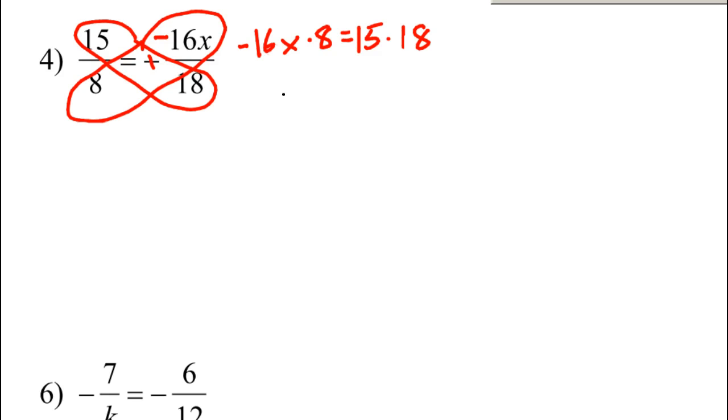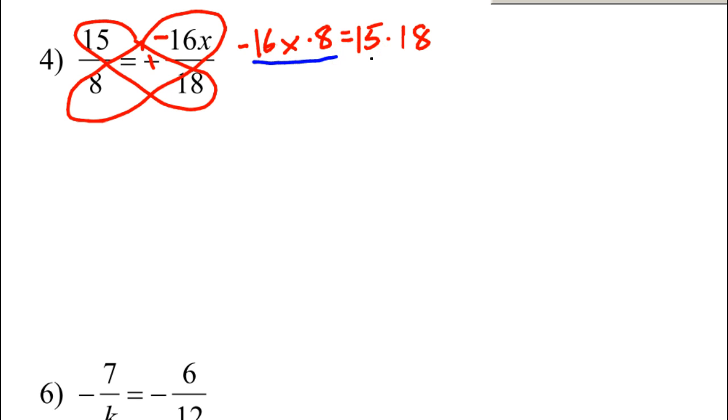Now, these numbers can get big like this. And if we do 15 times 8 and 16 times 8, you're going to have some big numbers that you're going to have to figure out how to reduce. So I mentioned this yesterday. You can go ahead and divide both sides by something that goes into some number on both sides.